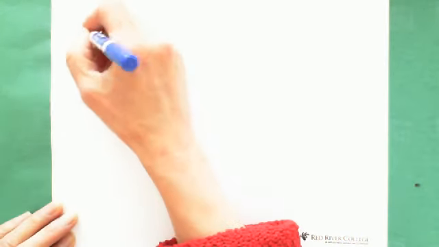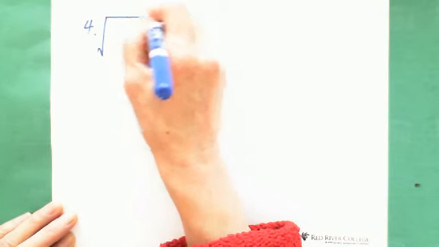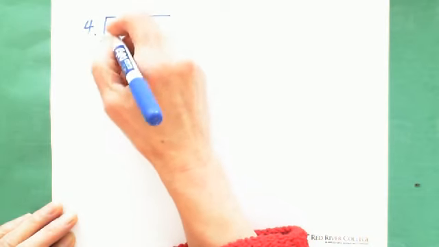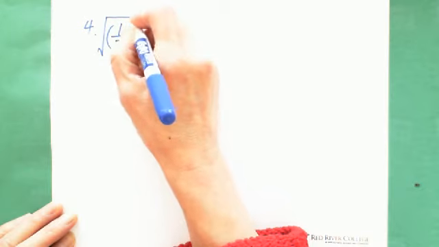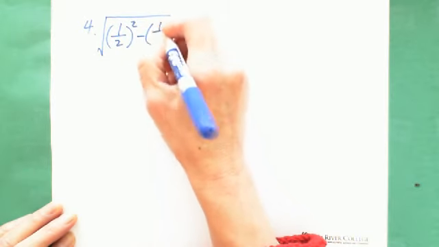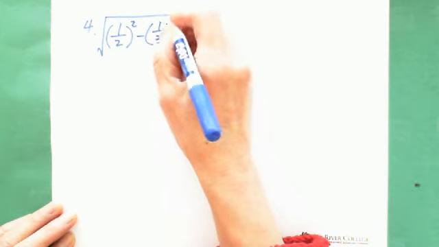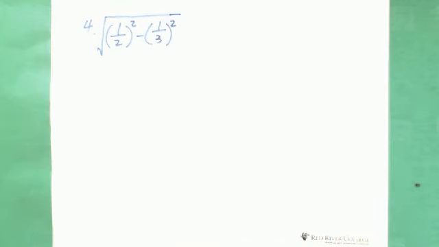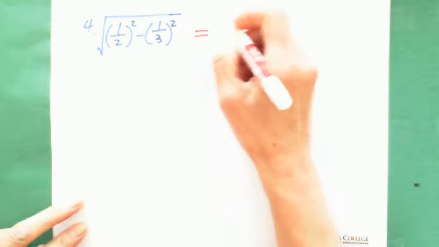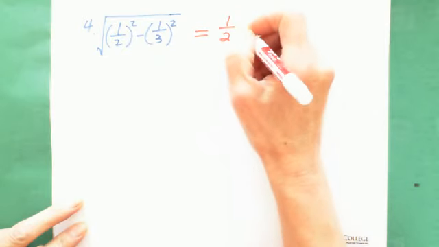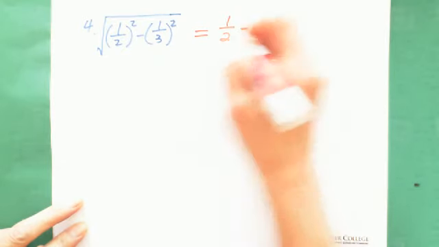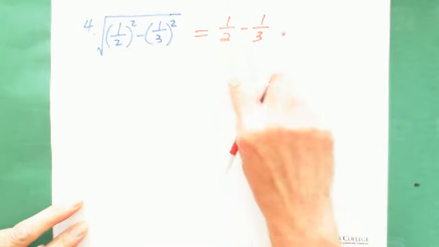The next question, the last one I want to show you, is when inside the square root there are some operations: square root of 1 over 2 squared minus 1 over 3 squared. Maybe you think you can make it 1 over 2 minus 1 over 3 because it's a square root.